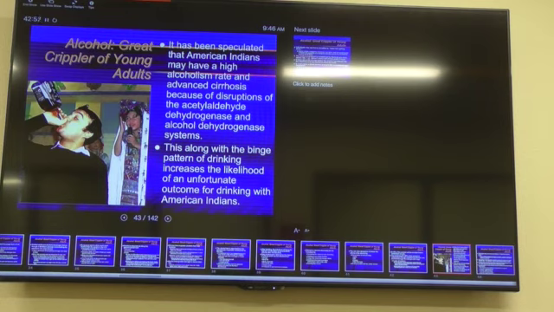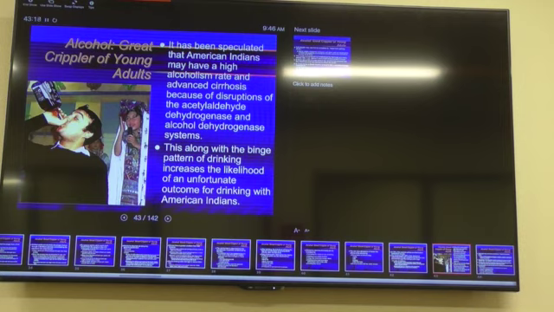It has been speculated that American Indians may have a high alcoholism rate and advanced cirrhosis because of disruptions of the acetaldehyde dehydrogenase, just like Asians, and alcohol dehydrogenase systems. This, along with the binge pattern of drinking, increases the likelihood of an unfortunate outcome for drinking with American Indians.